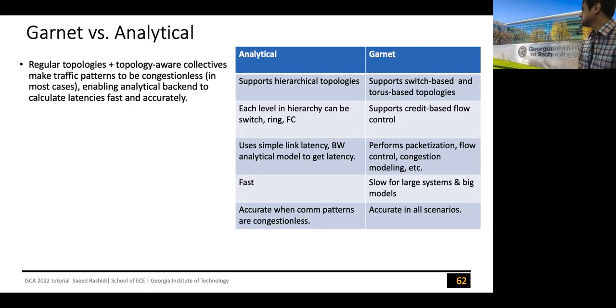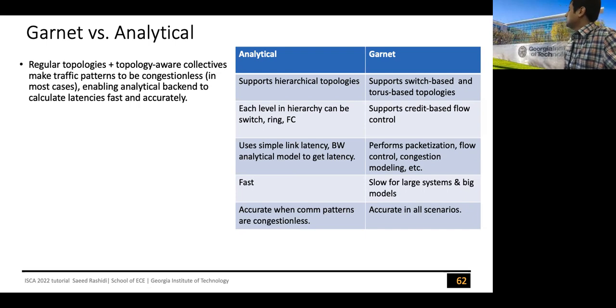As I said, it supports credit-based flow control and does all sorts of packetization, flow control, congestion modeling, and everything. The drawback is that it is slow if you have very large-scale systems of hundreds or thousands of NPUs. And as I said, because it models congestion, it is accurate in all scenarios, whether you have congestionless communication patterns or patterns that create congestion.